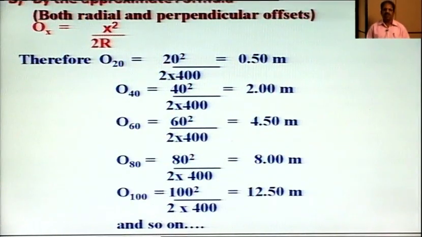Similarly, by the approximate formula, OX is equal to x square divided by 2R, we can find out the offsets for 20 meter, 40 meter, 60 meter, 80 meter and 100 meter and so on. In this way we can calculate the various offsets and join all these pegs to find the curve laid out on the ground.